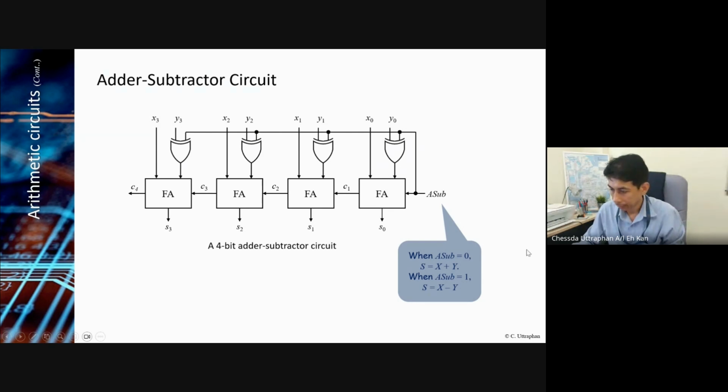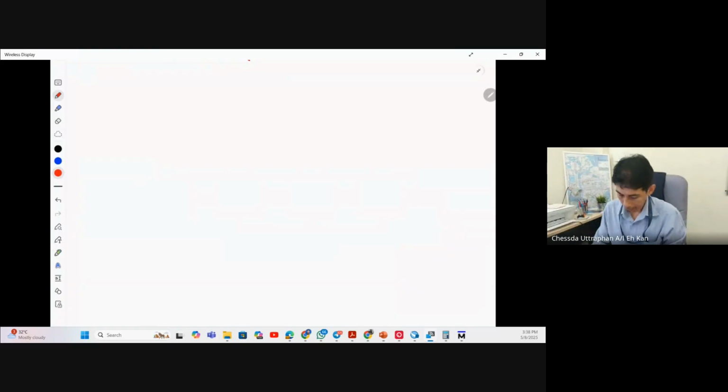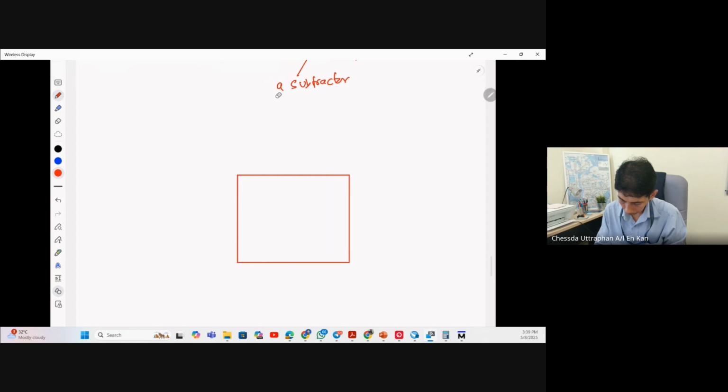And this is X. And we have the XOR gate.